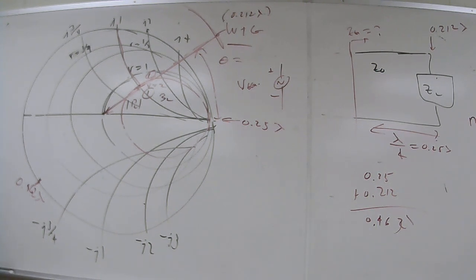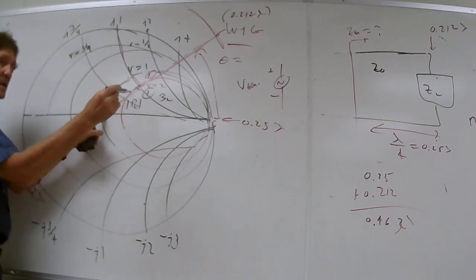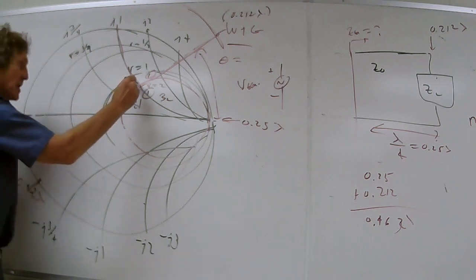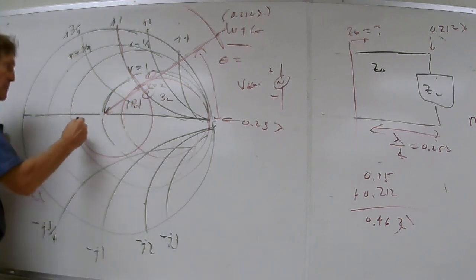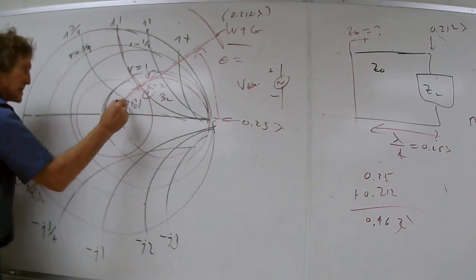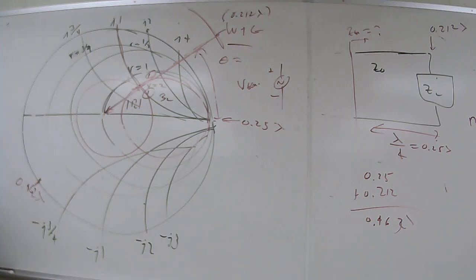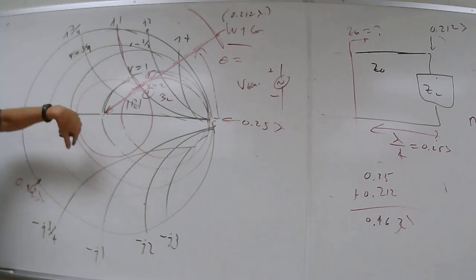You with me? Now, here's how you figure out the input impedance from this. There's so much more to this. This is the beginning stuff. You take your compass, put it here, and you make a circle of constant radius gamma, the radius between the center point and this point. Just zip it around. You all follow me?